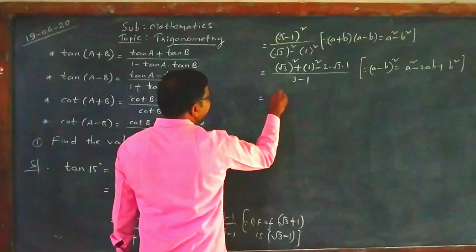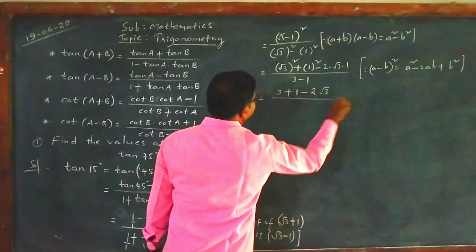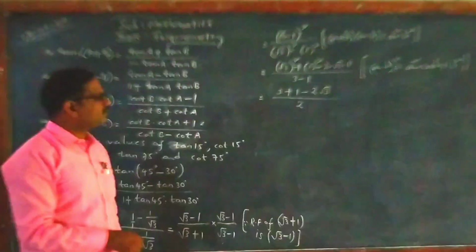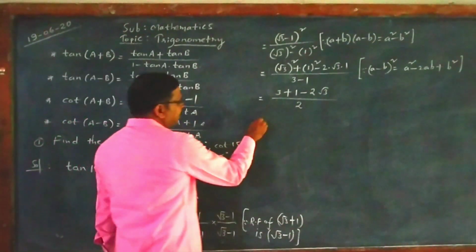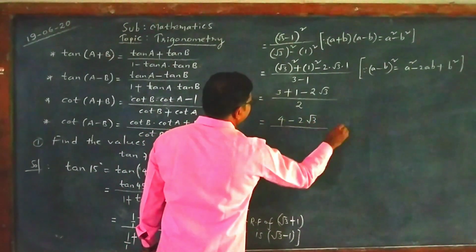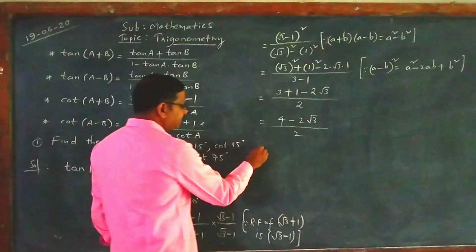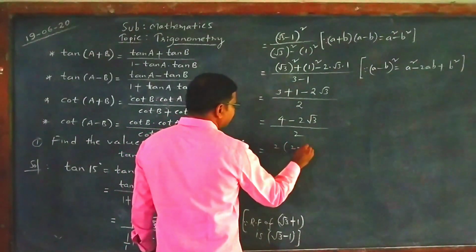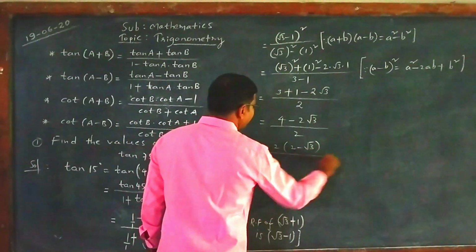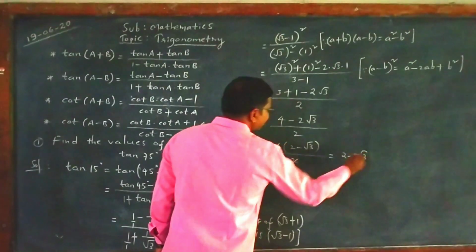Root 3 whole square means 3, plus 1, minus 2 root 3 as it is, by 3 minus 1, value 2. 3 plus 1 is 4, minus 2 root 3, by 2. Now in the numerator we can take 2 common: 2 of (2 minus root 3) upon 2. 2 gets cancelled with 2.